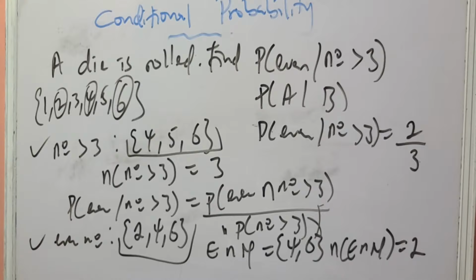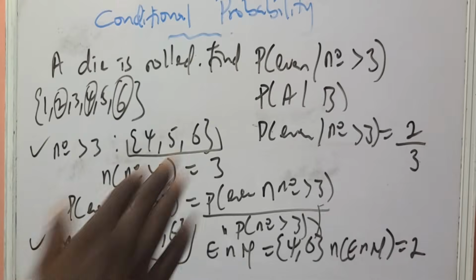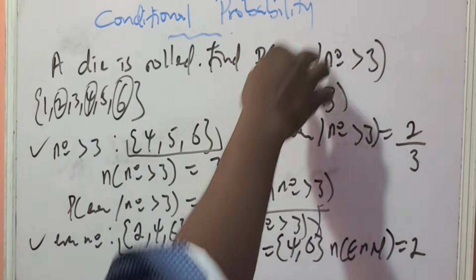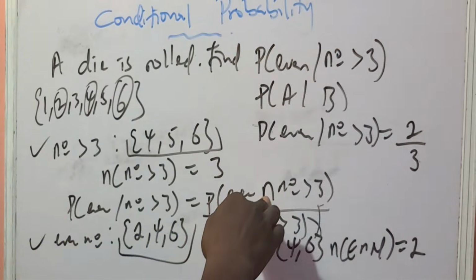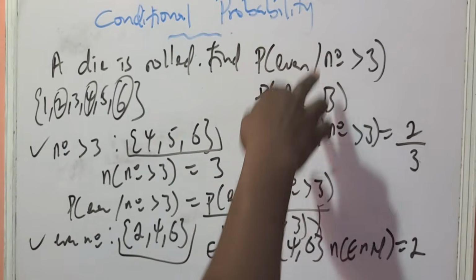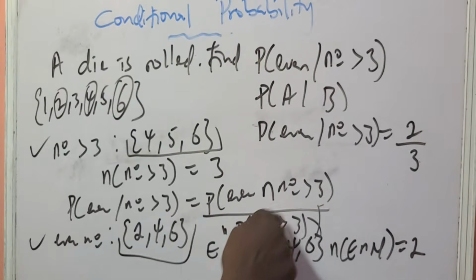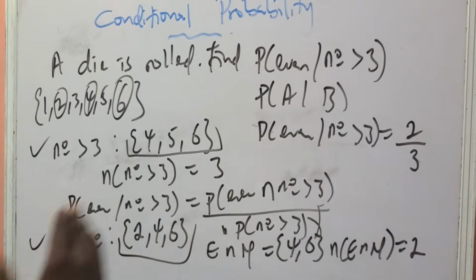Guys, one of the things I told you already before is when you have a situation like this, it is always equals to P(even), of course, A intersection B, that's even intersection number greater than 3 over probability of number greater than 3. That's based on the formula we have always used already.